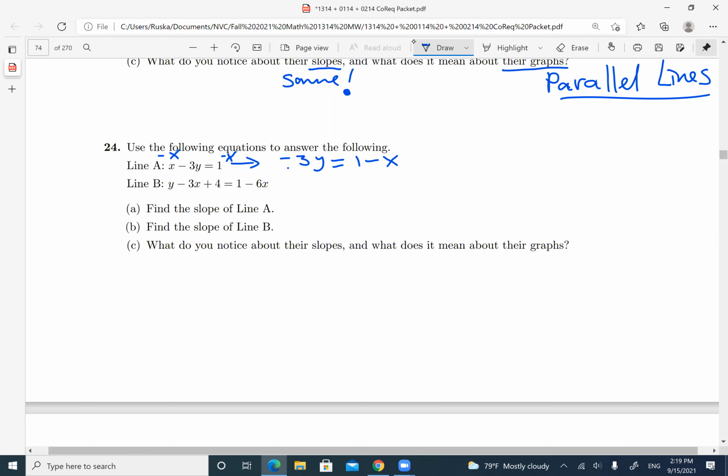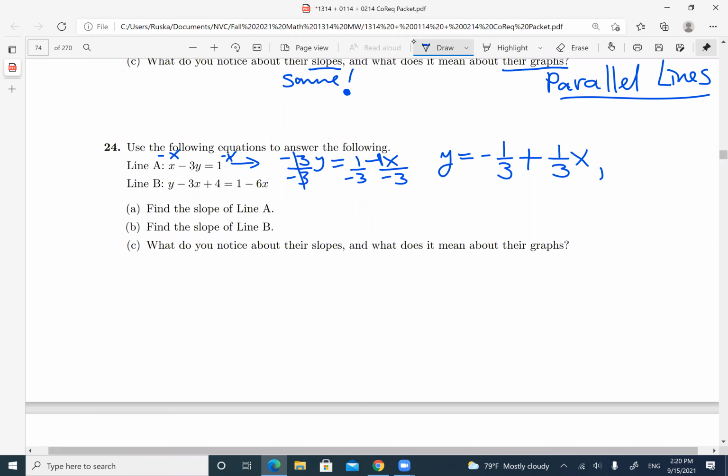Going to divide by -3. So I'm going to get y equals -1/3. Now negative and negative, it's a positive. Now this is an invisible -1x, right? So it's going to be positive 1/3x. So that's my equation in slope-intercept form.